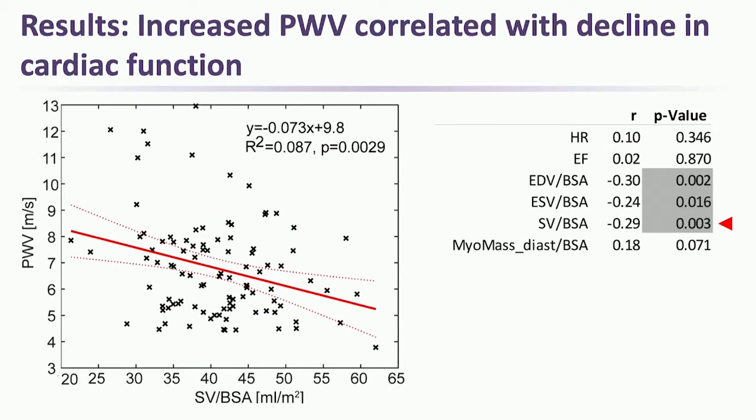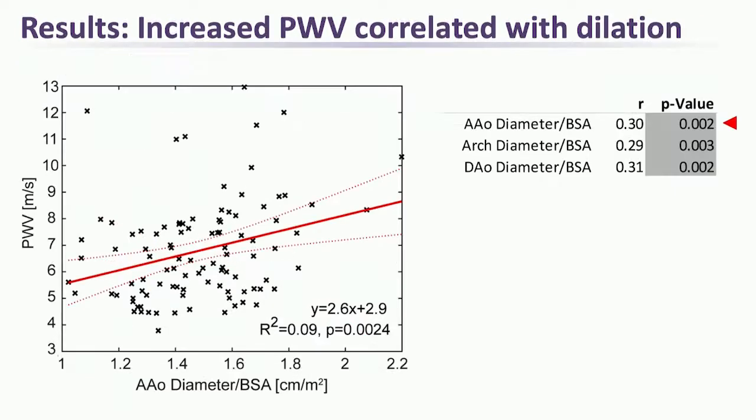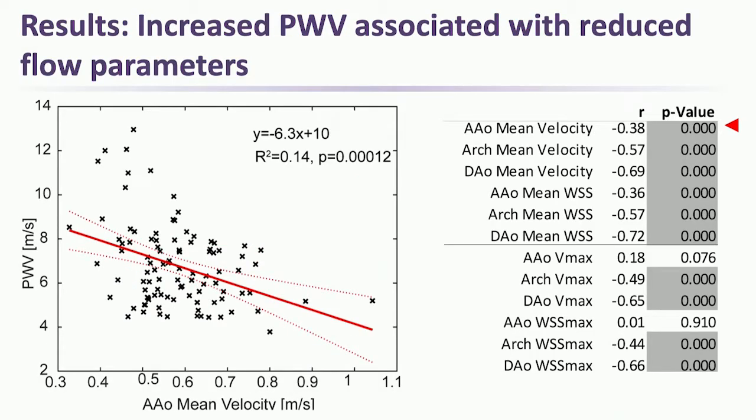Increased pulse wave velocity was correlated with a decline in cardiac function, and here I'm showing an example for stroke volume. And in this particular case, the coefficient was minus 0.29. I saw relationships with aortic diameter along the entire vessel.